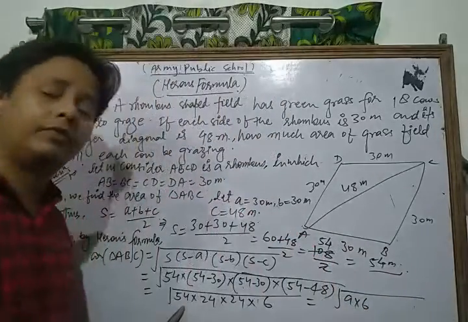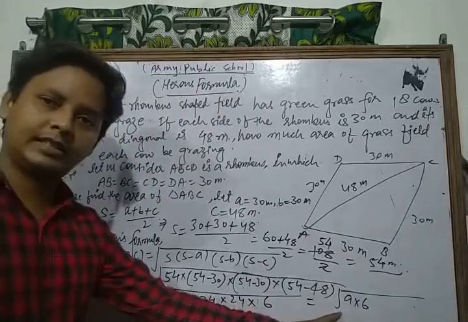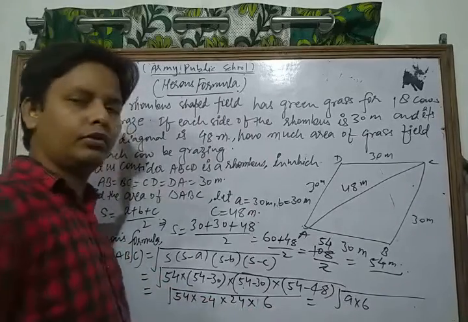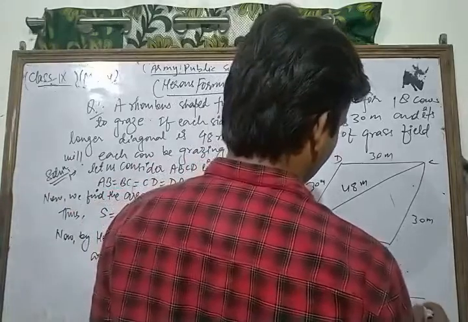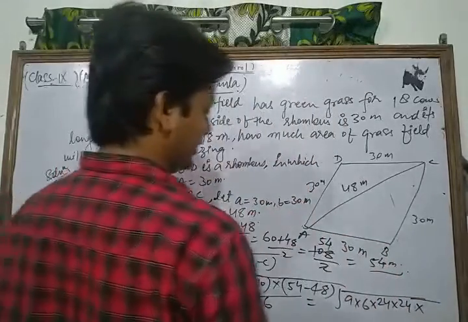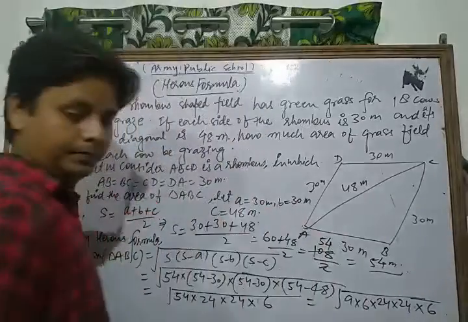We can write 54 as 9 into 6, and 24 is already in pair, so we write it as it is, and 6 as it is.